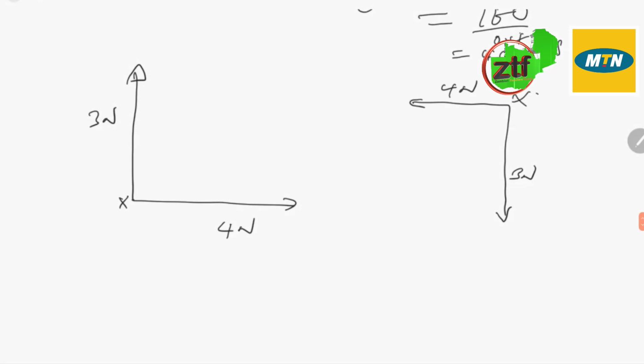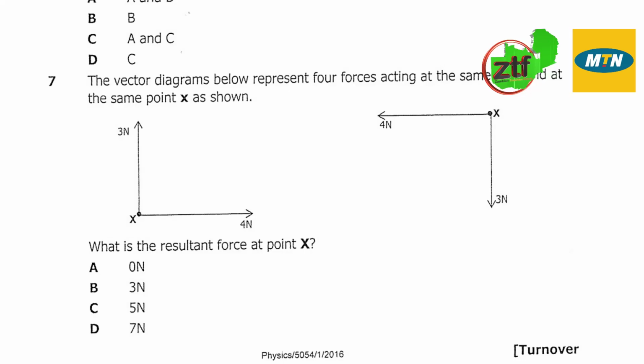We must be very sure that these x's are referring to the same point. If these 2 x's are going to refer to the same point and culminate into the bigger x, this bigger x which they have mentioned here to be the resultant at this point x, what is the resultant force at point x? Then we can say that we draw this point x, which is big, and we put all these forces that are available, like this one, we put 4 newtons.